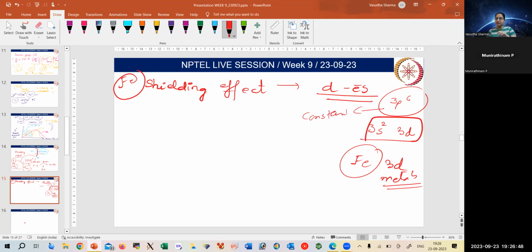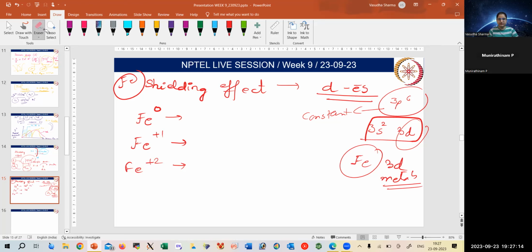But if I talk about the d electrons, depending upon different oxidation states, the value would be different. For example, if I start with iron in 0, that would have 3d6, iron in +1, that is 3d5, iron in +2, sorry, that is 4s2, or if we remove, we have to include, so this is 3d8, because the s electrons go, as we saw last time, that energy barrier goes away whenever it is in metallic form or when it comes to complexation.